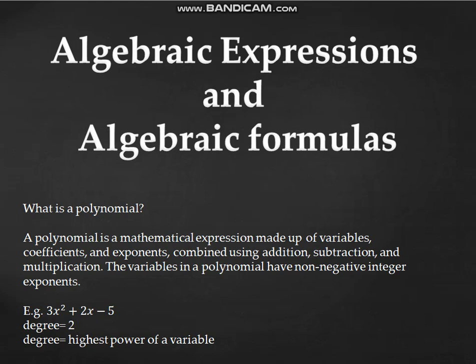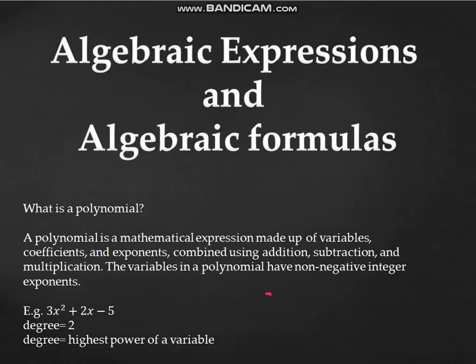Now, let's see what a coefficient is, what exponents are, and what variables are. Let me just grab a pen and I'll get right to it. Okay, so let me write the expression again.